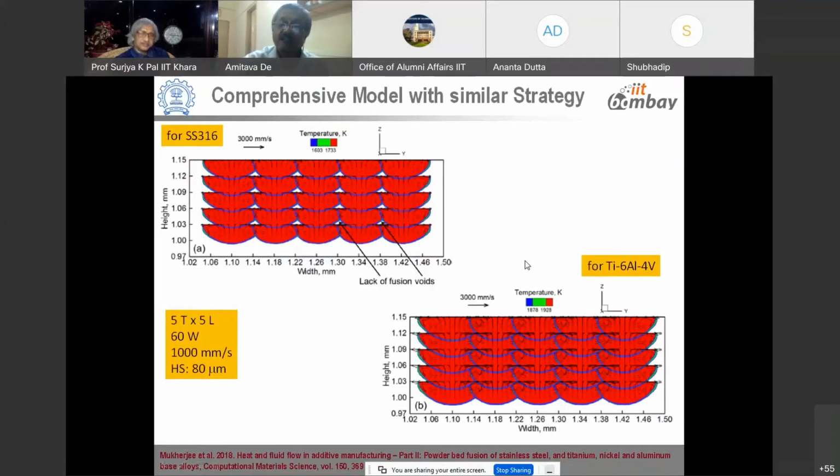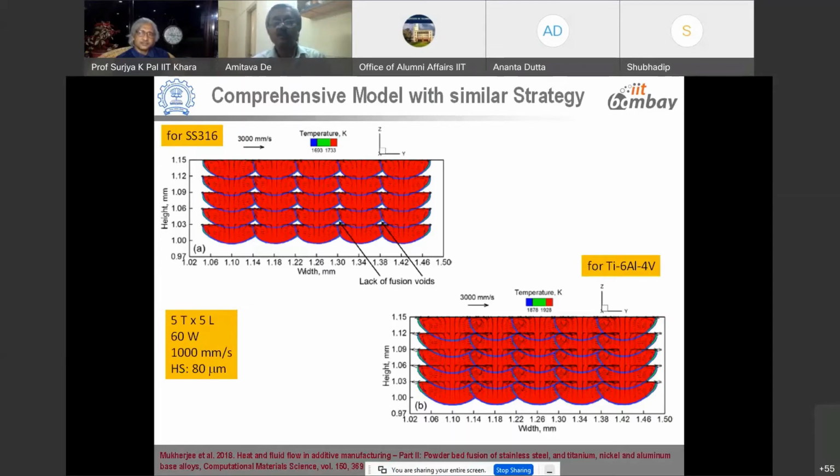A similar strategy has also been extended to comprehensive models, where both heat transfer as well as fluid flow are included. And as you can see here, 5 tracks and 5 layers are possible to model only when such dynamic meshing is used, that means a full fine mesh is not created all throughout the layers. It's only a fine mesh where we require.